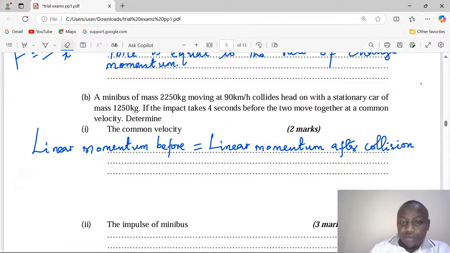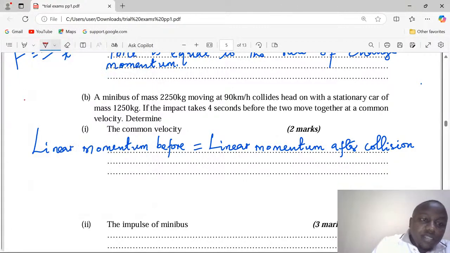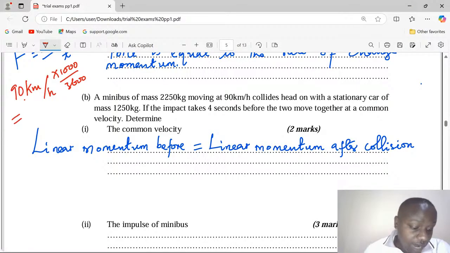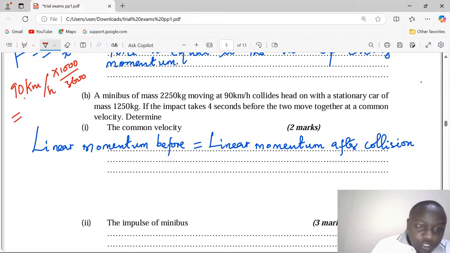And so we're supposed to say that the 90 kilometers per hour have to be converted by multiplying the kilometers by 1,000 and the hours by 3600. So that we convert. So this is going to give us what?